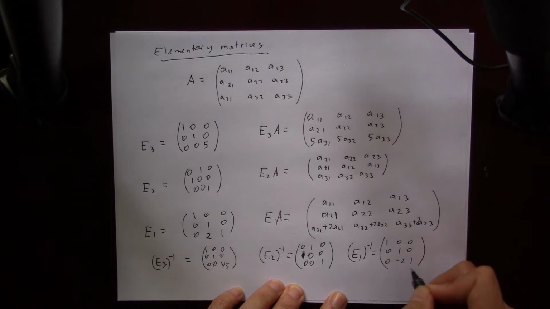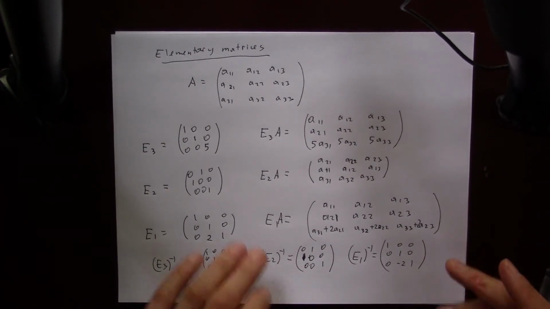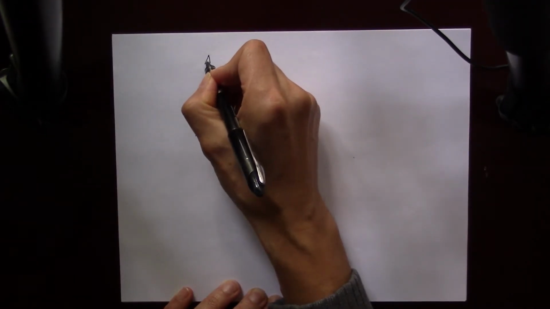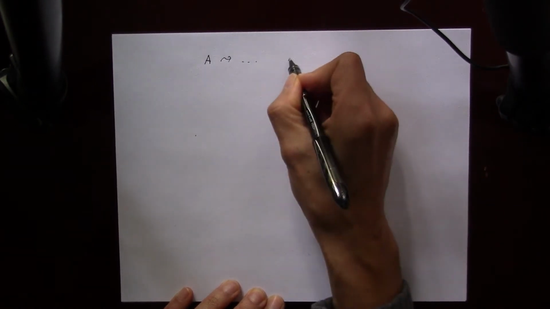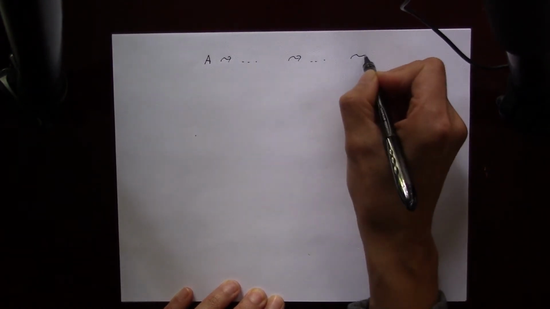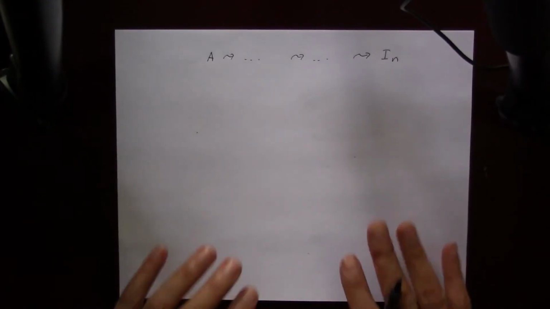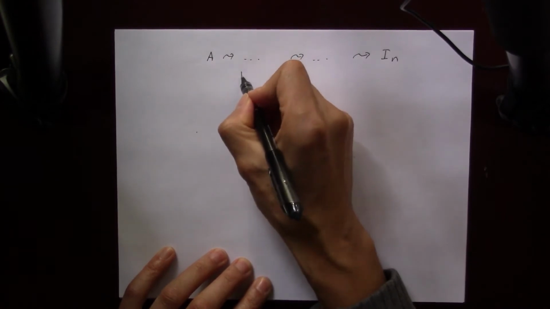So instead of adding, you subtract 2 times row 2. If I start with matrix A and start making row operations to it, eventually I can get to the identity matrix by doing row operations.